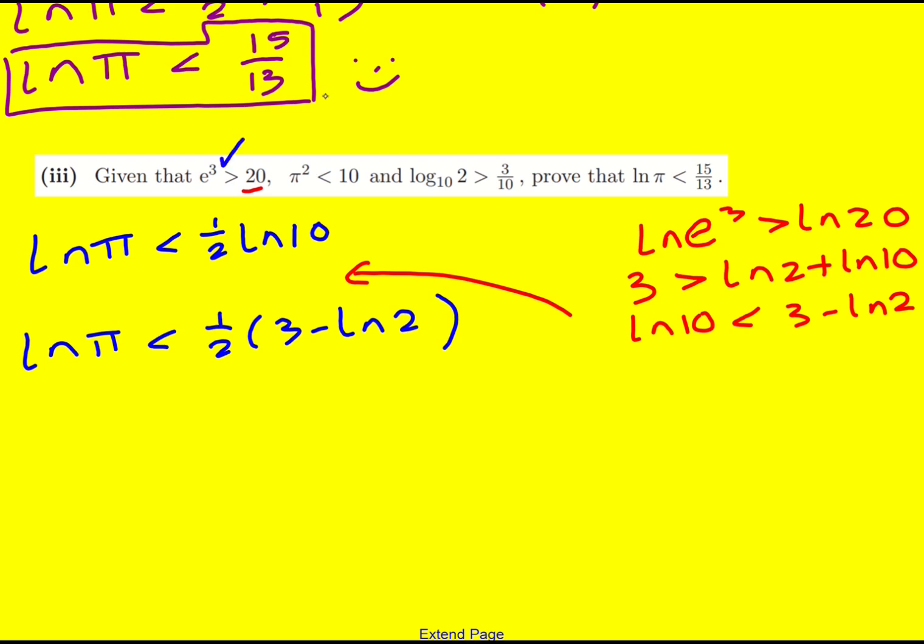So I've basically dealt with that one, and now I can see the log to base 10 of 2 in there. So we can change the base. Ln 2, and I'll just deal with the ln 2 by itself at the moment. That's going to be log to base 10 of 2 divided by log to base 10 of e.